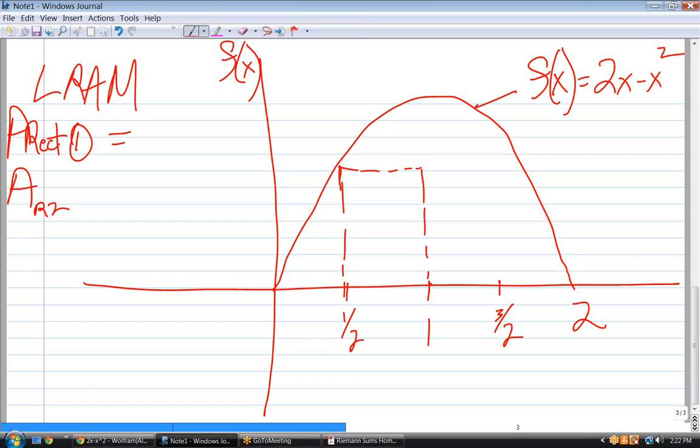So the first rectangle falls at... 0? Just 0? In other words, the top of the left rectangle is right there.